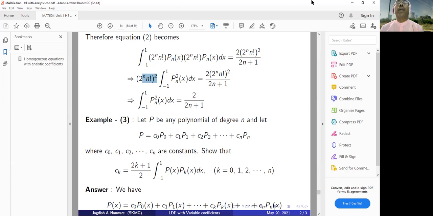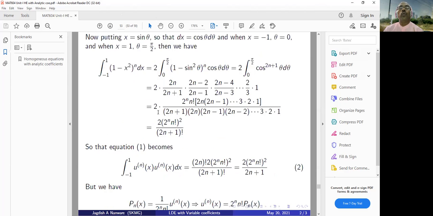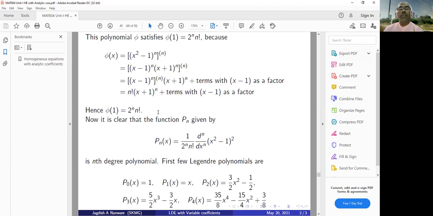So here, if you take Pn of x, the Legendre polynomial of degree say 2, of degree 2 we take. So what is that? The Legendre polynomial of degree 2, we have seen some of the polynomials.